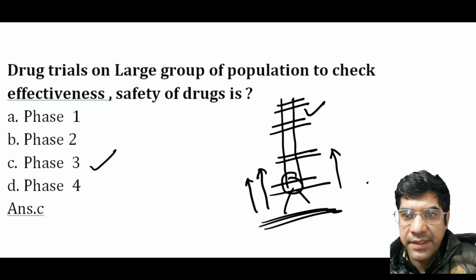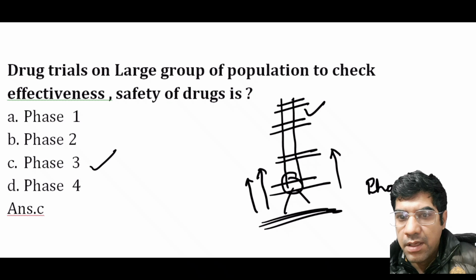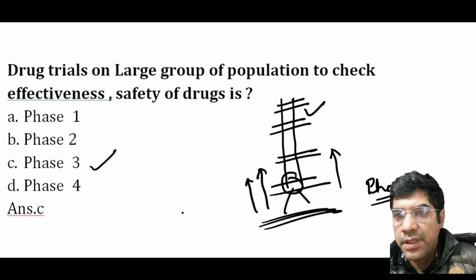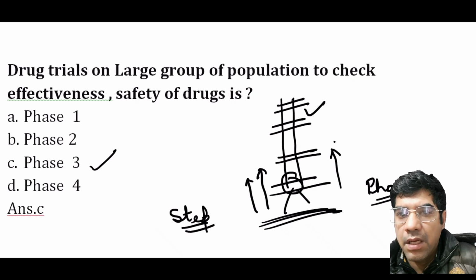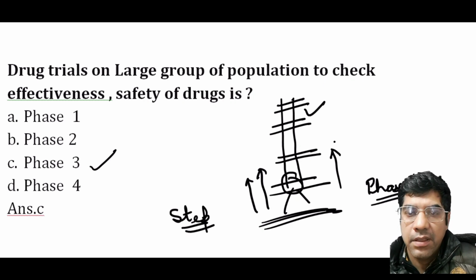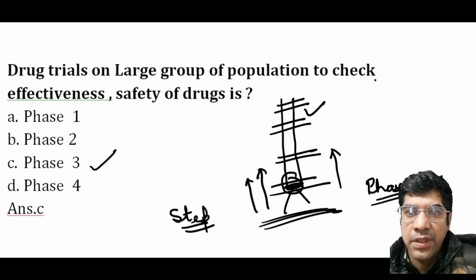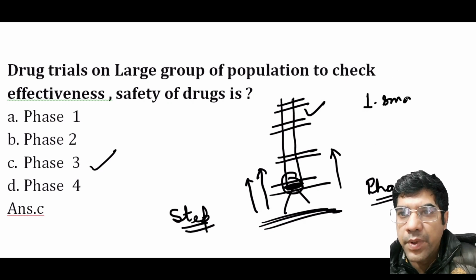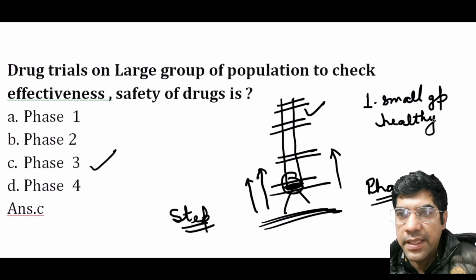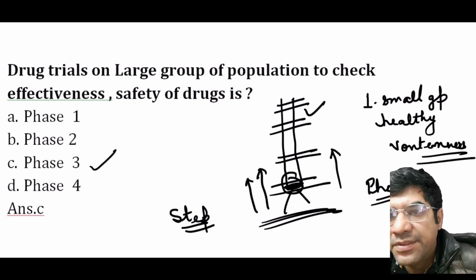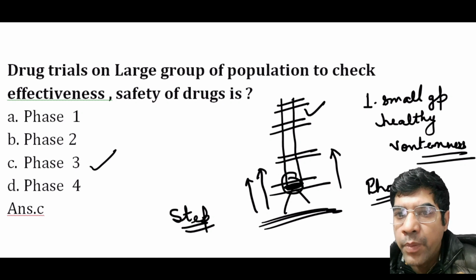Now let us discuss phase 1. So this is the first step, like taking the first rung of the ladder. Here the drug is tested on, remember, a small group of healthy volunteers to understand its basic safety and how the body processes it.